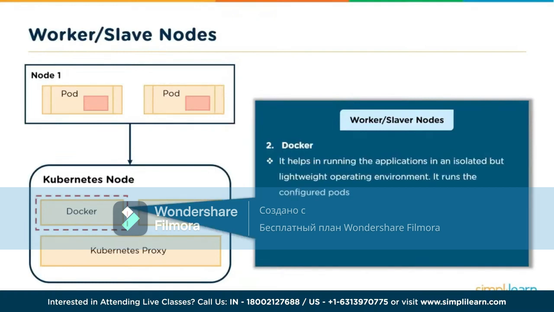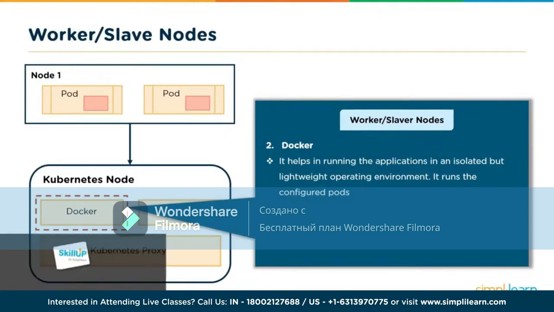The most important component, in my opinion, that should be on the node is the container runtime. As I mentioned earlier, Kubernetes can run different types of containers, not just Docker.